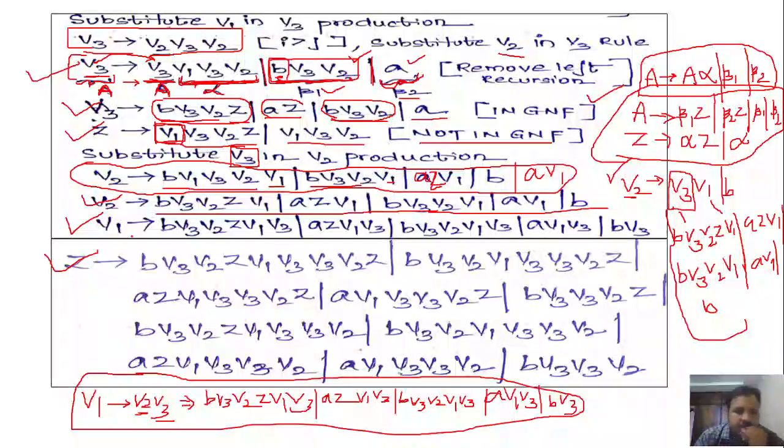By doing this, V1 gets into GNF form. The moment you get V1 into GNF form, you have to substitute that V1 value in the Z rule so that you will get the Z production rule also in GNF.